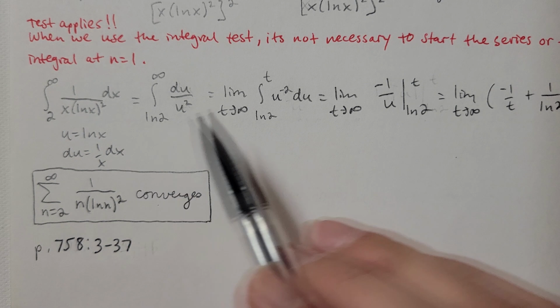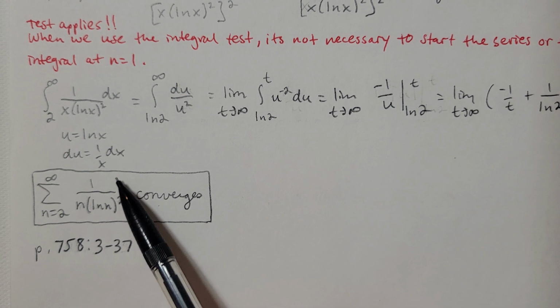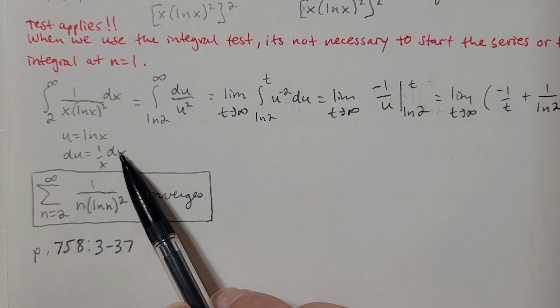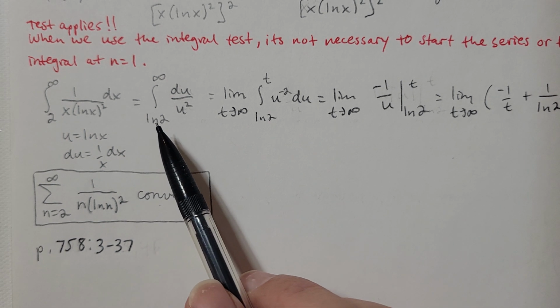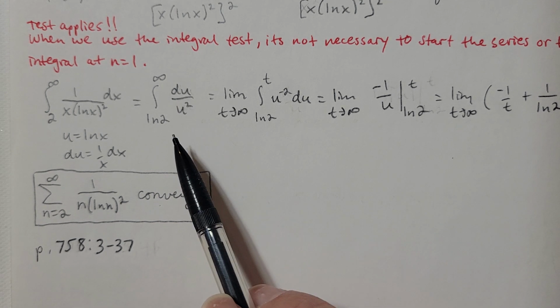But if we set up the integral test, we have the integral going from 2 to infinity of 1 over x times the ln of x squared dx. And that would involve a u substitution. So if u is the ln of x, du is 1 over x dx. And so then I'm going to be integrating 1 over u squared du.